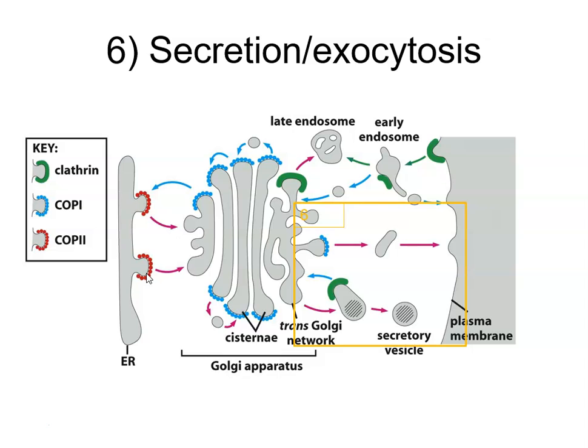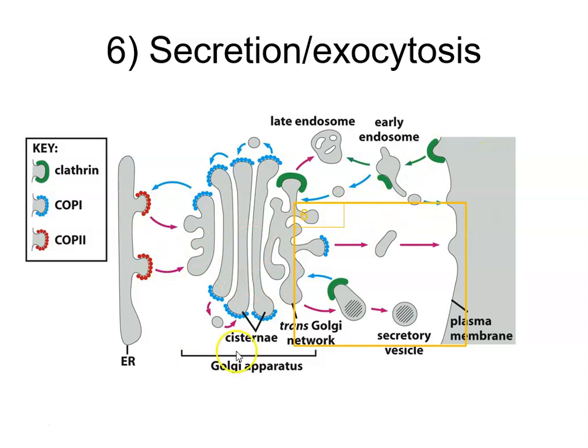Okay, we're on to the final stretch of this session, and we're now on to secretion or exocytosis. So our protein's gone from the ER into the Golgi, passed through the Golgi. Will it be modified in some way? Maybe something like antibodies that go through there and they're glycosylated, and light chains and heavy chains that are connected together.